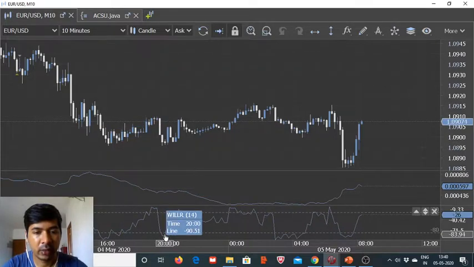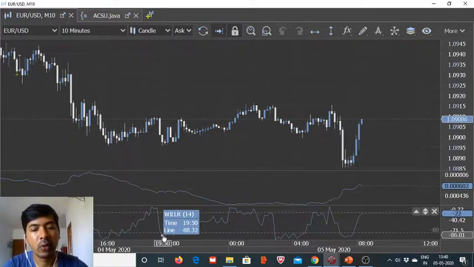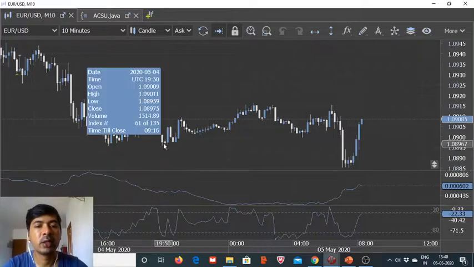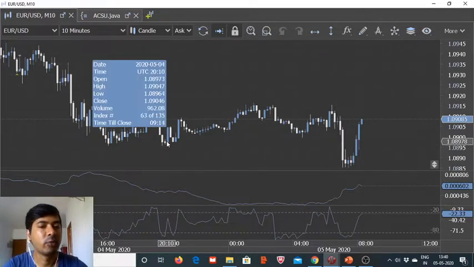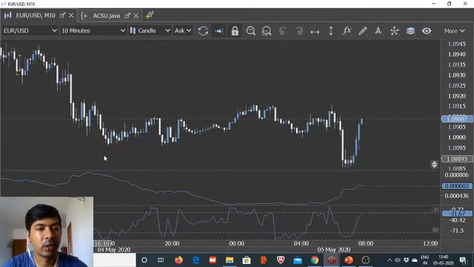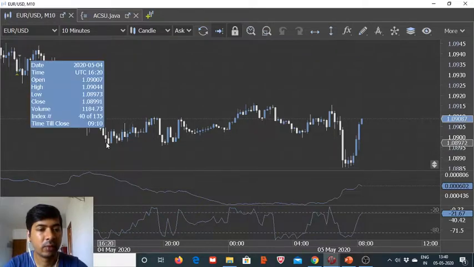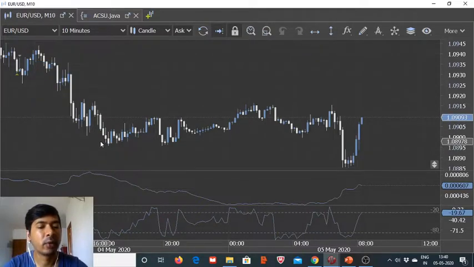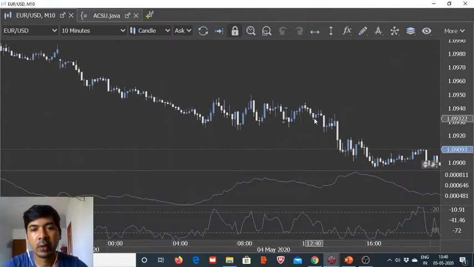We need the shift 3 value to be less than minus 80. It is not. That means even here the condition wouldn't have been fulfilled. So somewhere here, then we need the 2 hours back value to be above minus 20, so not here also.